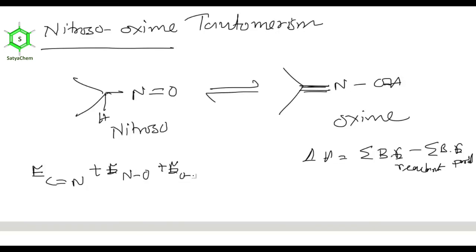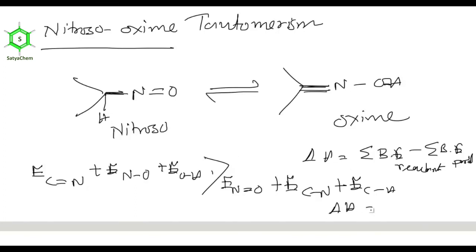So the OH bond is more stable than the N double bond O, plus the C-N, plus the C-H. As the bond energy of the product is higher than the bond energy of the reactants, obviously this delta H becomes negative.